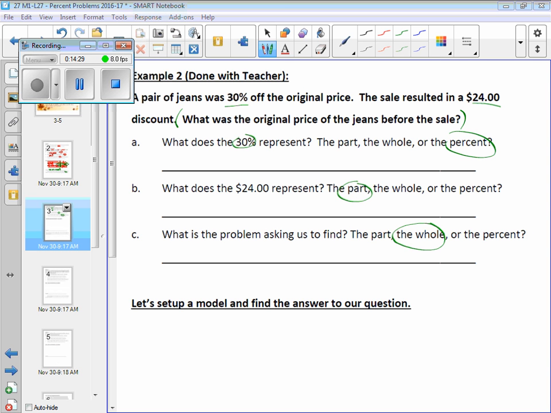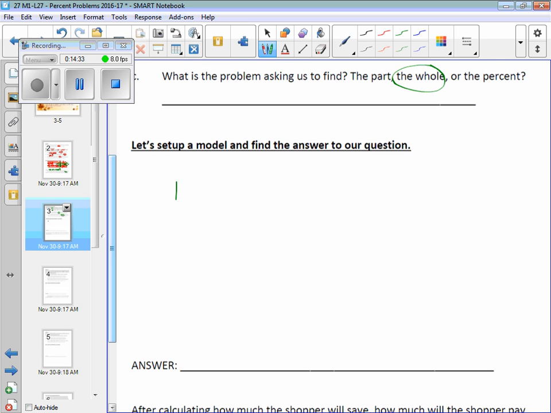So we've got to set up the matrix again, which takes time. I know that. So it's part, whole. Then it's saved, paid, and watch what I want you to do. Do OP for original price. It saves a little bit of time.